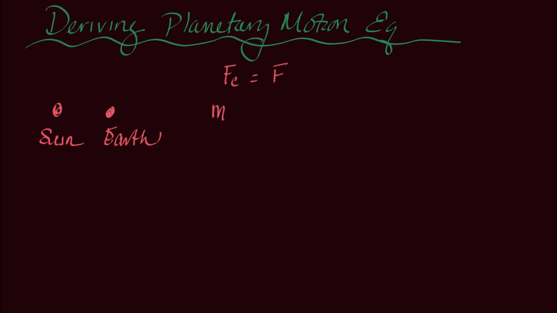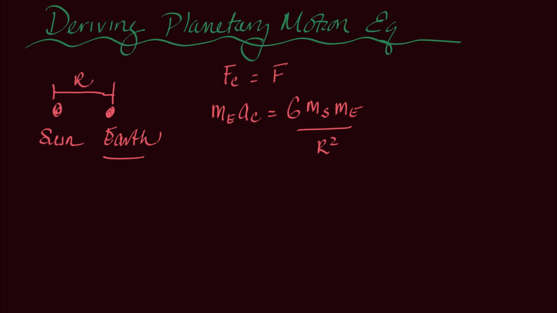So mass of the Earth times centripetal acceleration, and it is the mass of the Earth because the Earth is being pulled into the circular motion, is equal to big G, the gravitational constant, mass of the Sun, mass of the Earth, over r squared, which is the distance from the center of the Sun to the center of the Earth.